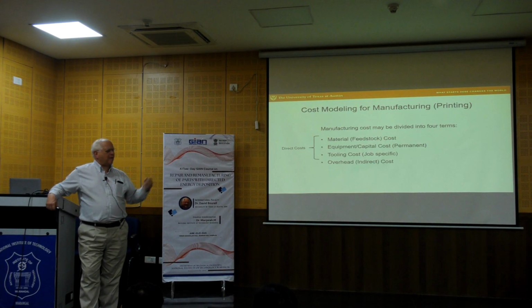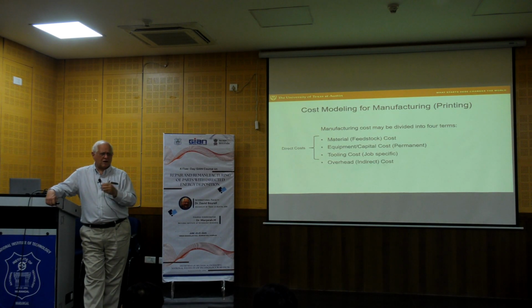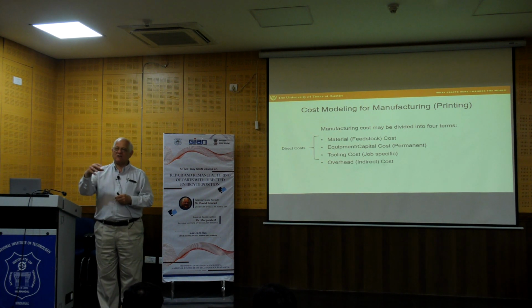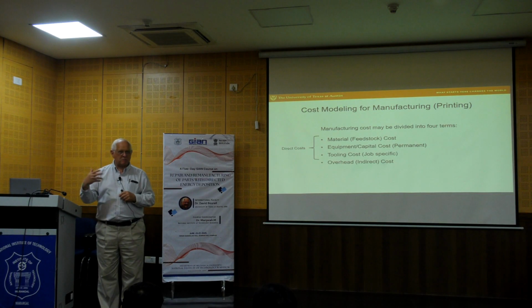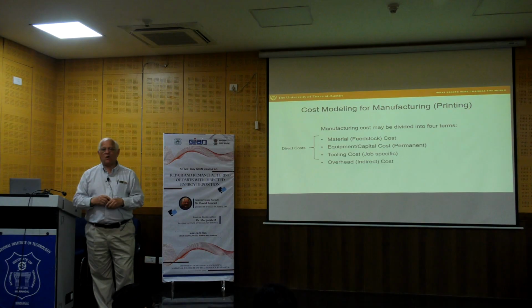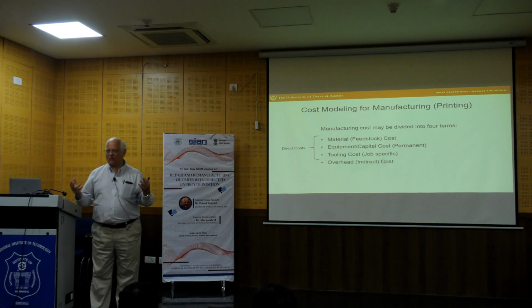Examples of overhead costs, we'll talk about this in detail in a bit, are things like the building or the space where we do our additive manufacturing. We have to pay building rent every month, or the receptionist or the staff person that sits at the desk at the front and greets people when they come to visit, or the sales staff, or the office furniture.